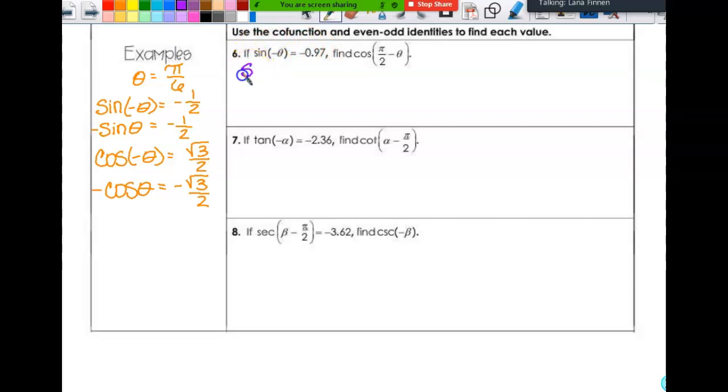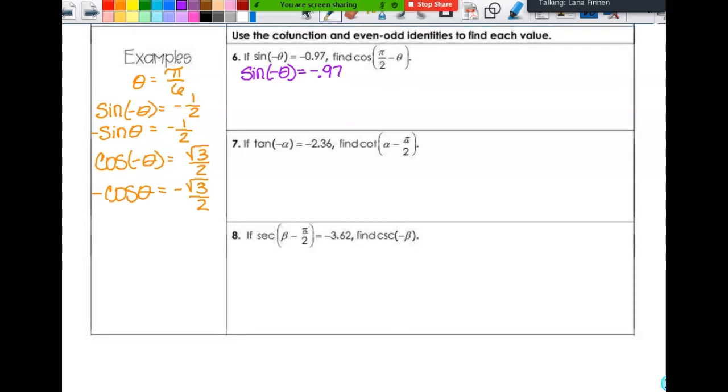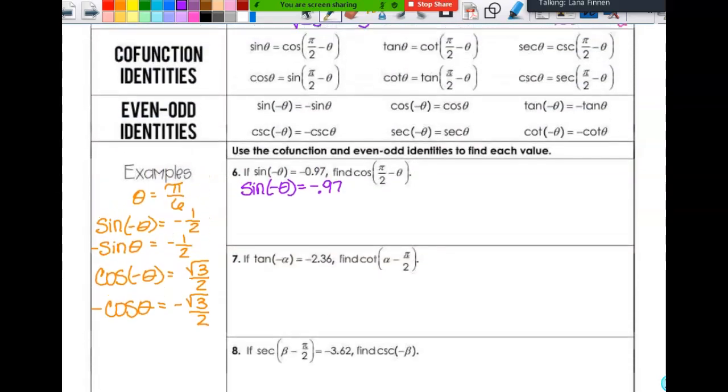So I'm going to write down that I've got sine of negative theta, and that's equal to negative 0.97. So what I want is the cosine of pi halves minus theta. You have to know your reference chart well enough to know that this looks like something that's on my reference chart, and I think I can find it. Cosine of pi halves minus theta is right here.